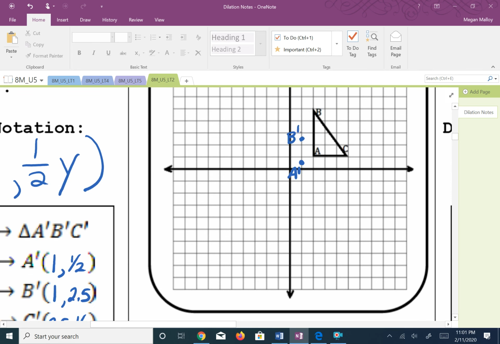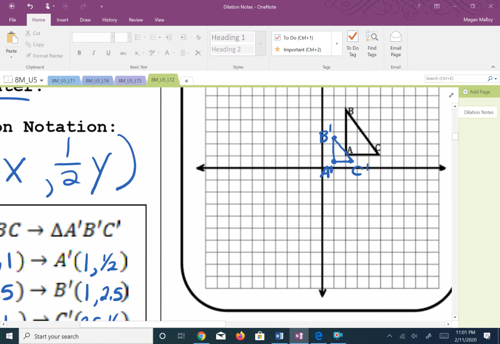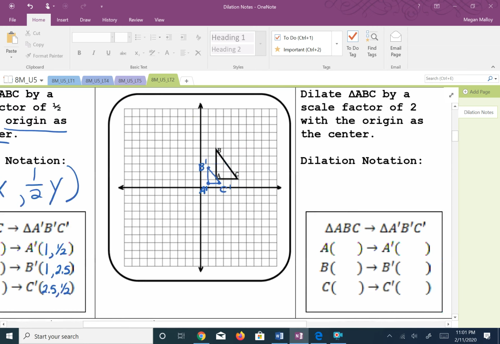And again, use our tick marks. And then C is at 2.5, half. So that would be our image of C. And we can see that we dilated our pre-image, and since our scale factor was less than 1, we should visibly be able to see that it is smaller.